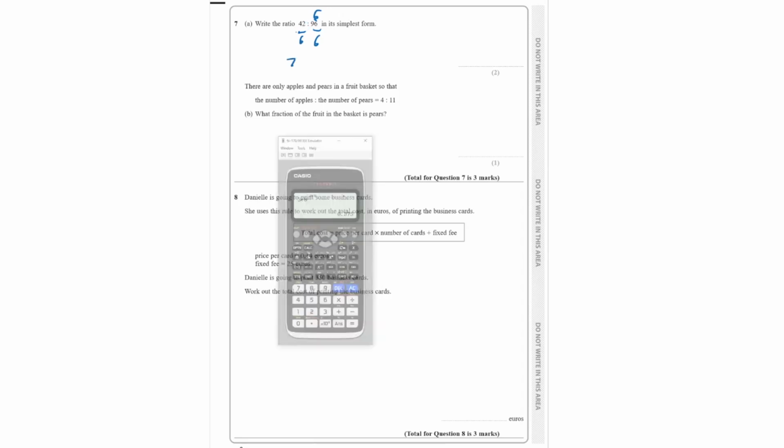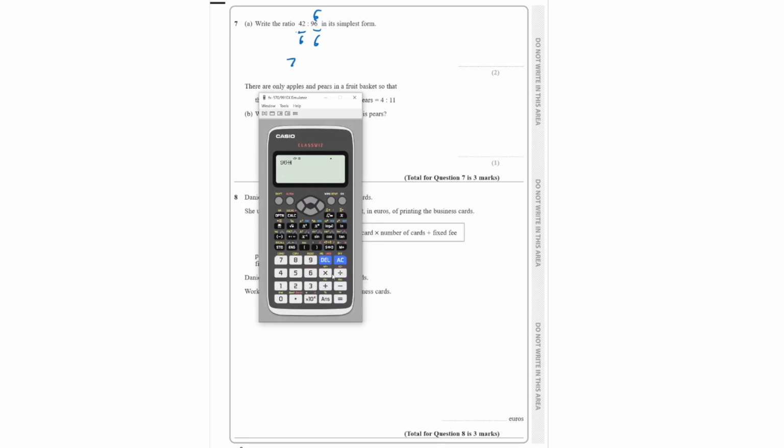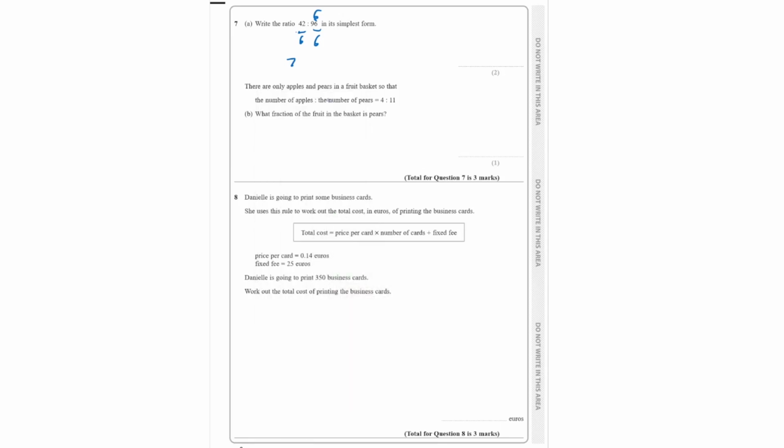And we can get our calculator. 96 divided by 6 gives us 16. So 7 is to 16. Notice how they no longer have any common factor. So that means this is the simplest form. So we write that as is. 7 is to 16.